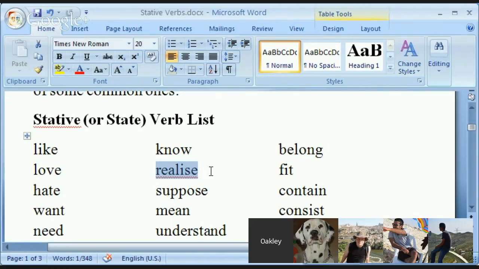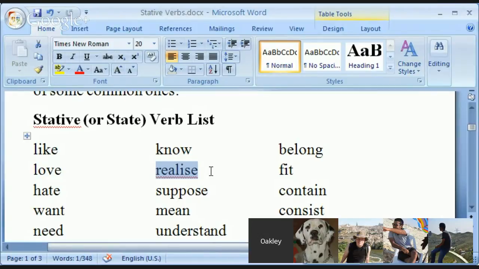Instead, you would use starting as a continuous form, and then to realize in infinitive to make it clear that it's continuous. However, you can use this verb in a continuous form. It's actually okay, Abimelech.